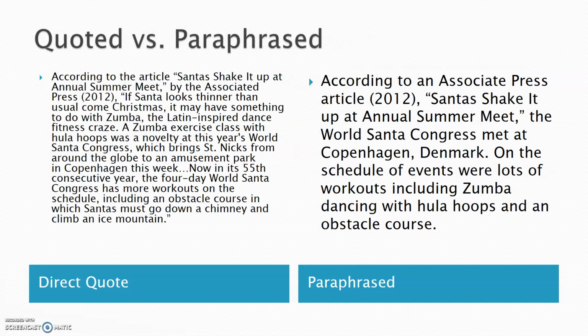So, giving you some examples of quoted versus paraphrased. On the left, this is the actual quote, and it has all this information, blah, blah, blah. It's a direct quote. You'll notice here, direct quote, got the quotation marks. Wait, this is the article title. Here are the quotation marks at the beginning to identify to the reader that this information comes from somewhere else.